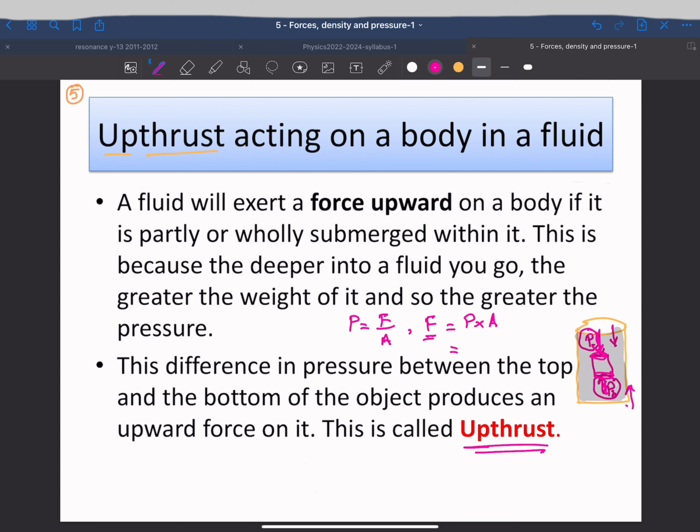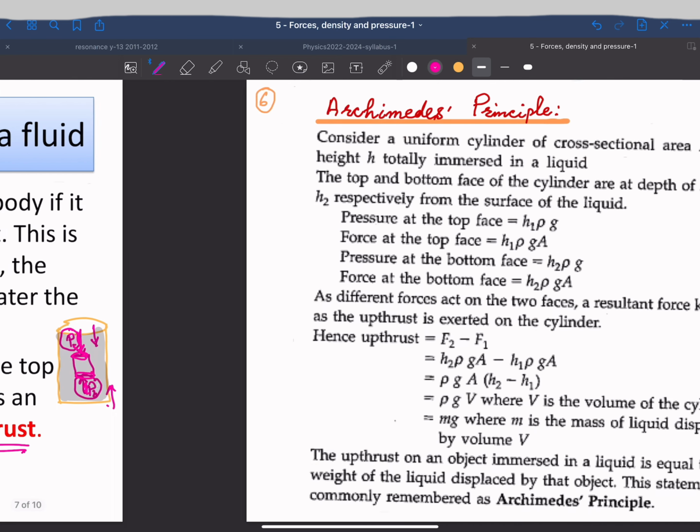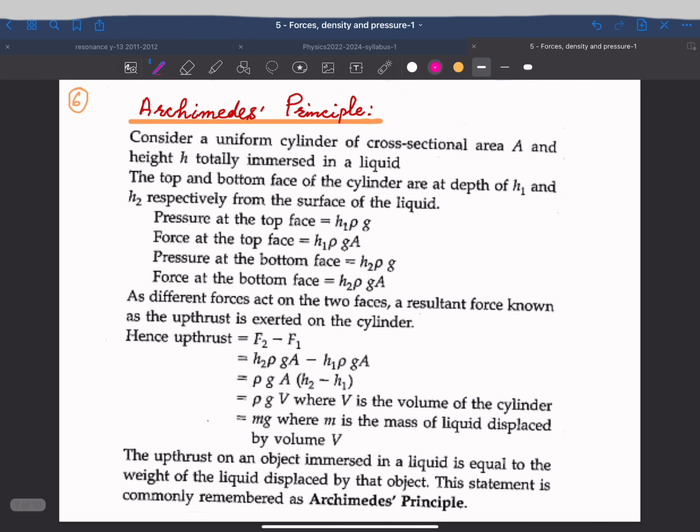So you have the concept of resultant force in that case. Upthrust is the upward force. Here we can have a quick derivation. If you consider a uniform cylinder of cross-sectional area A and height S totally immersed in a liquid, what will happen?